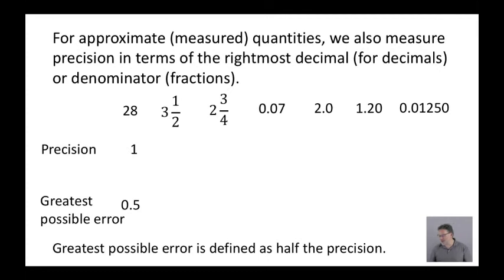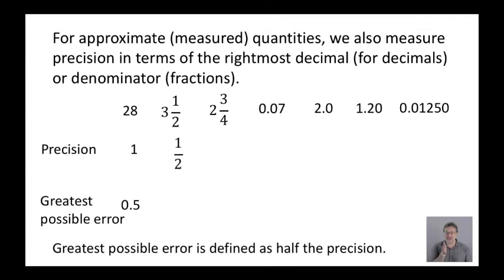We can do the same thing with some of these other measured quantities here. 3.5, well, we don't know exactly whether or not that's measured to the nearest 16th or 32nd or 8th or 4th or whatever. It's being given as 3.5, and so unfortunately we have to assume the worst again and assume that this is measured to the nearest 1/2 of an inch, which means the precision is just that, 1/2 of an inch.